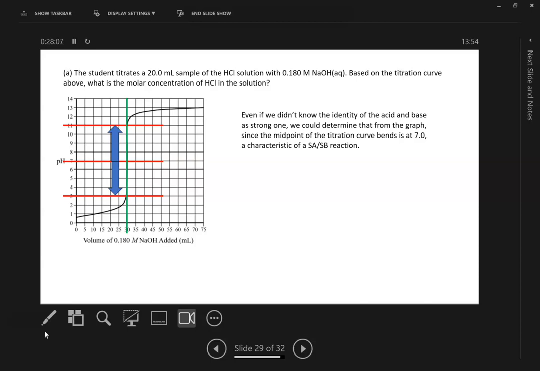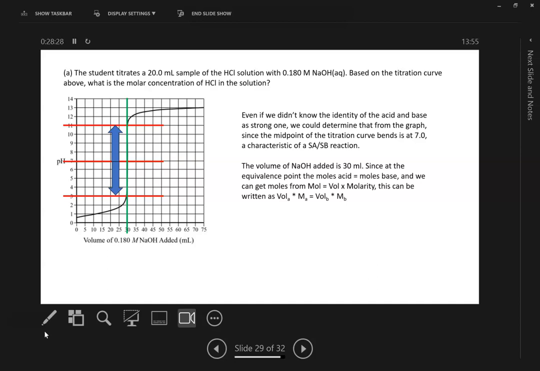And there's 4 pH units below where it starts to bend and 4 pH units above where it starts to bend. So it tells us that neutralization occurred at a pH of 7, which is a characteristic of a strong acid, strong base.